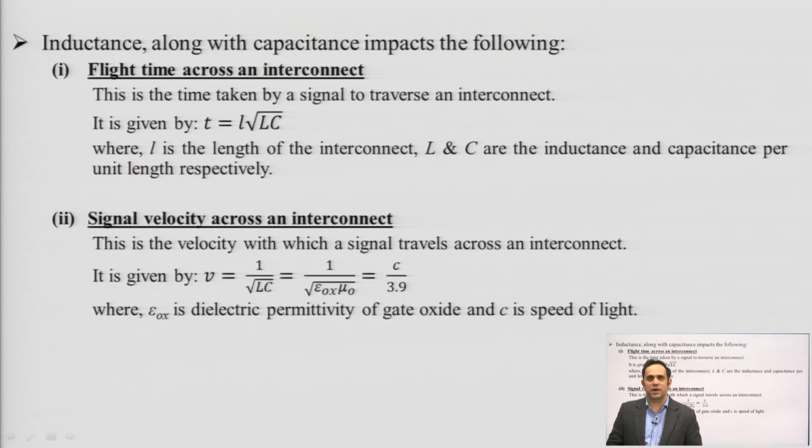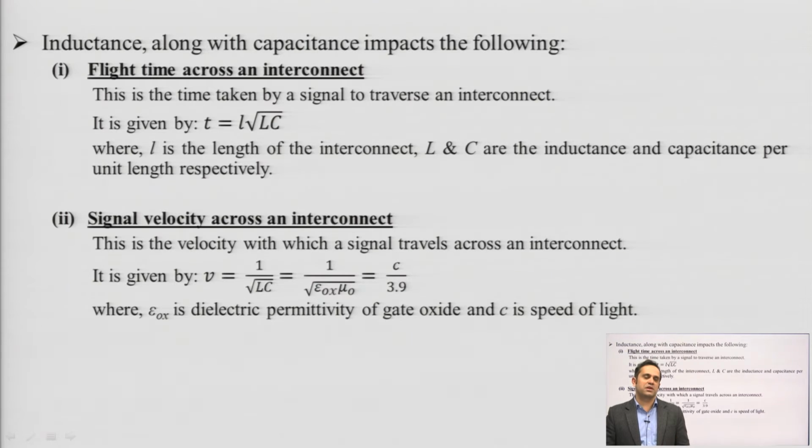Another parameter which you can estimate if you have knowledge about the inductance and capacitance associated with an interconnect is known as the velocity at which the signal is traveling across an interconnect. Okay.